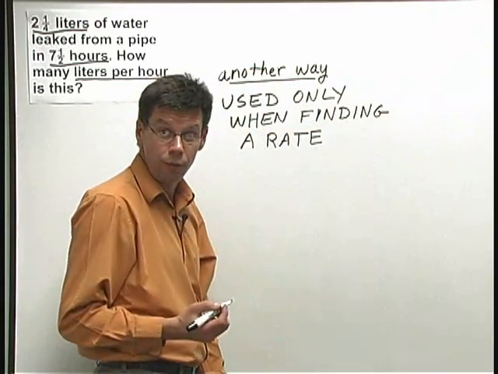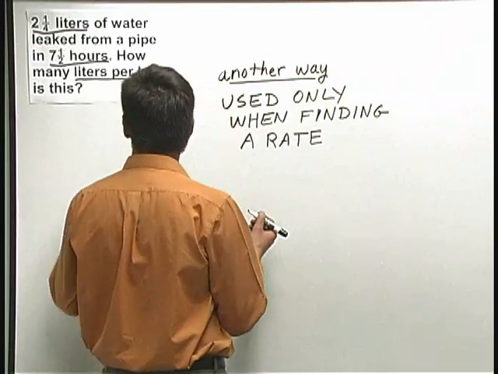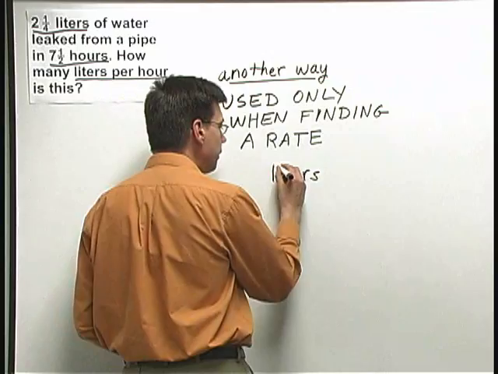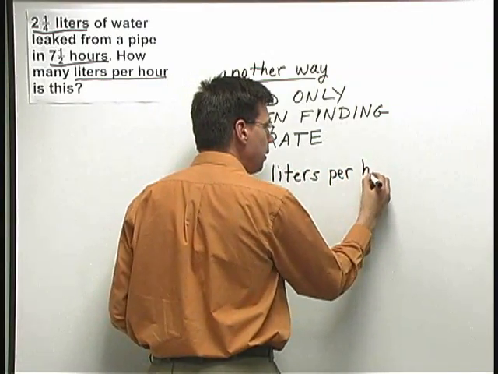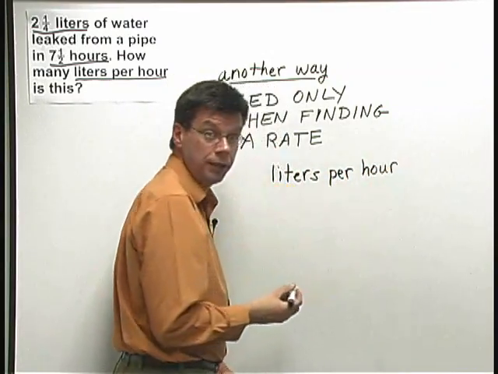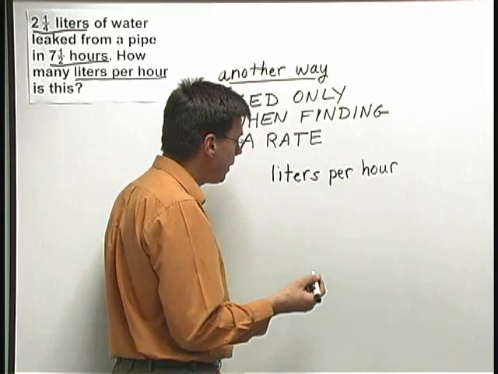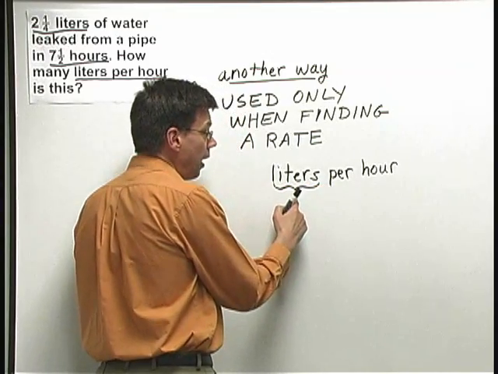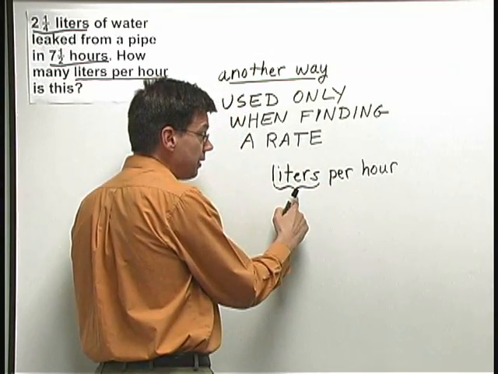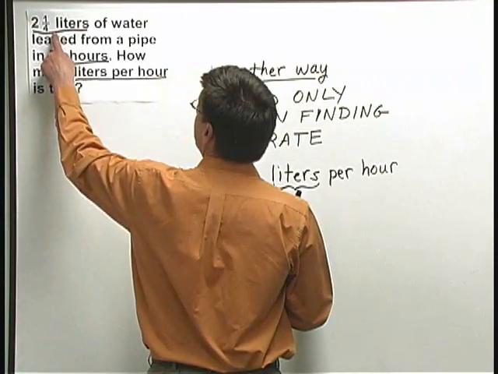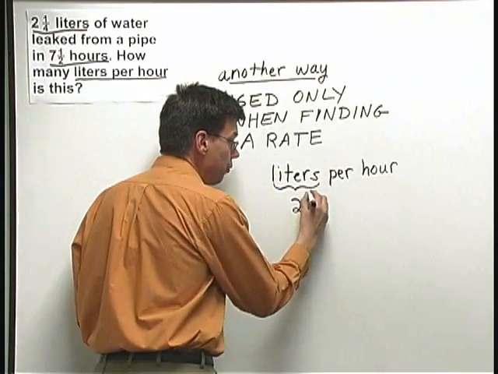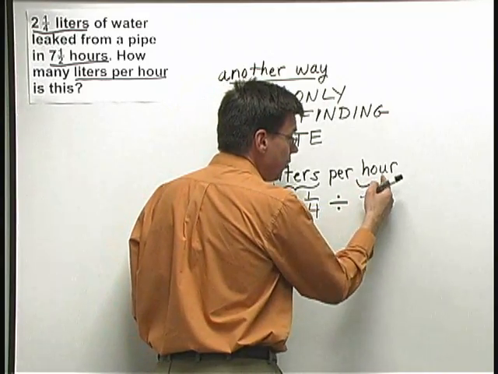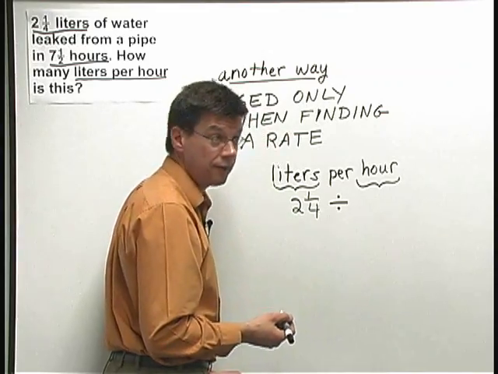When you're trying to find a rate, you can use the units of the rate, liters per hour, right here, to help you go directly to a division problem. We set up the division problem by taking the value involved for the units given before the word per, that's 2 1/4 here, 2 1/4 liters, and dividing by the value of the units given after the per.